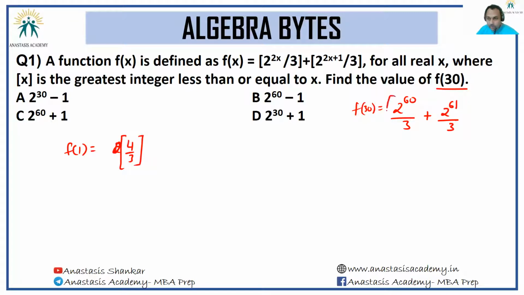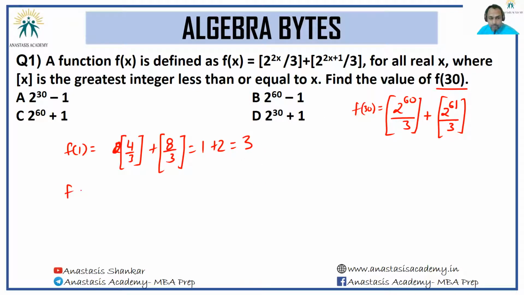Okay, I should also put this down now. 4 by 3 plus 2 raised to the power 2x plus 3. So yes, 8 by 3, which is equal to 1 plus 2, or is equal to 3 itself.